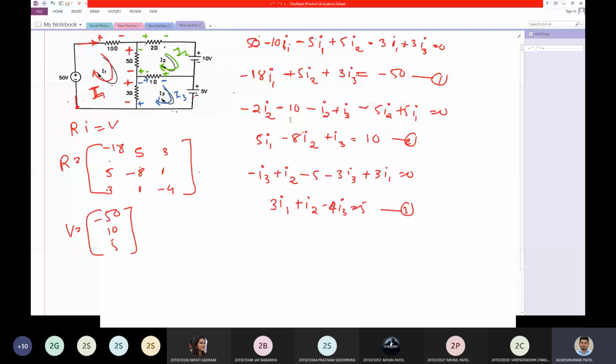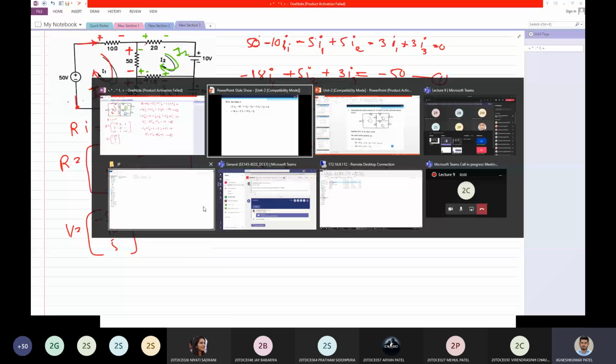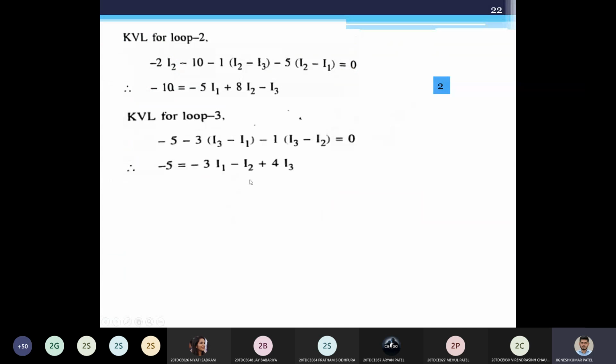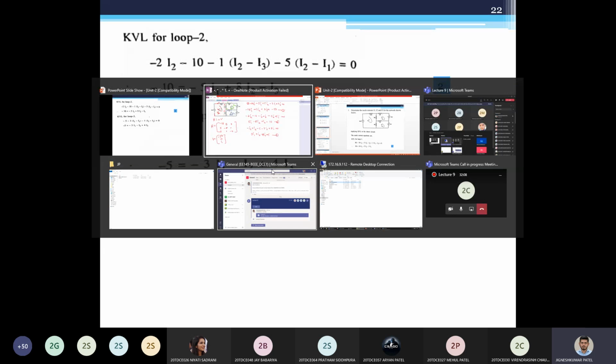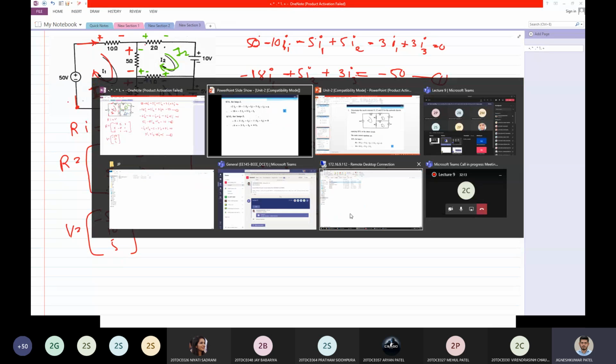So there is only the issue of polarity, like what we have taken on the left hand side, they have taken on the right hand side. That's why we created this negative positive issue, but at the end we'll get the same answer. So what we get is 3 plus 1 minus 4 equal to 5.